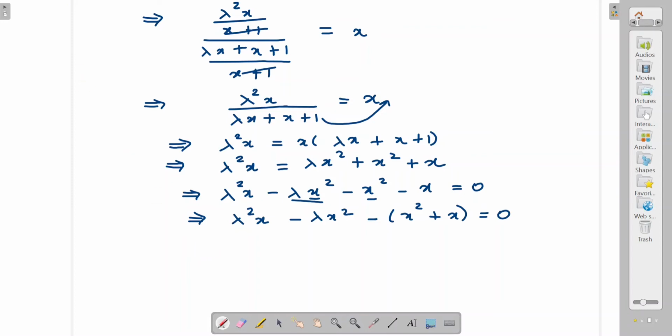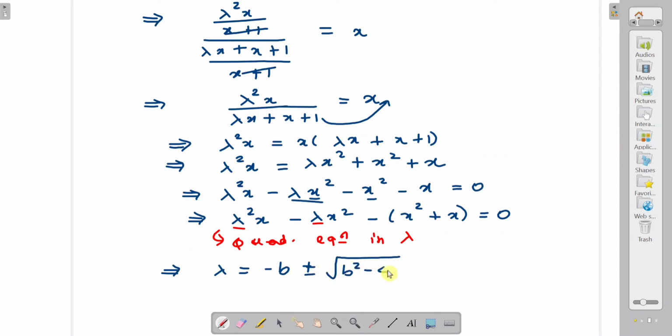Now you can see that this is a quadratic equation in terms of λ. So λ is the variable here. This is a quadratic equation in λ. You know how to solve quadratic equations. So the formula is λ equal to minus b plus or minus root of b² minus 4ac divided by 2a.